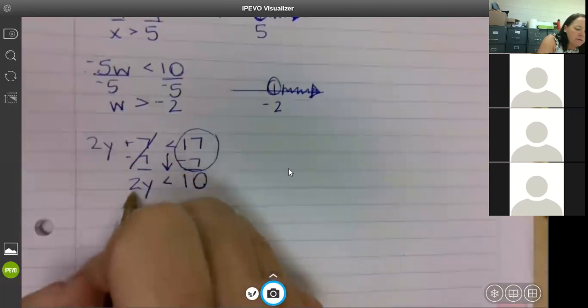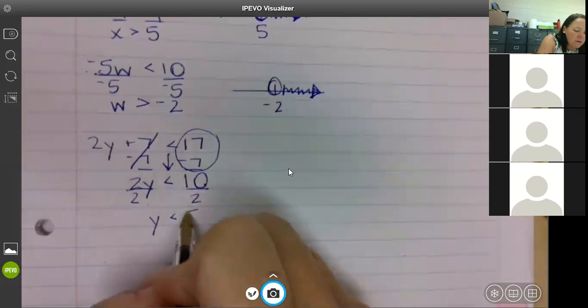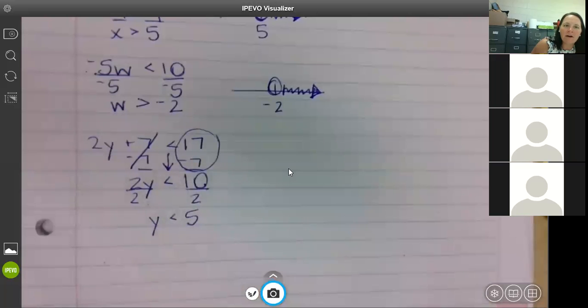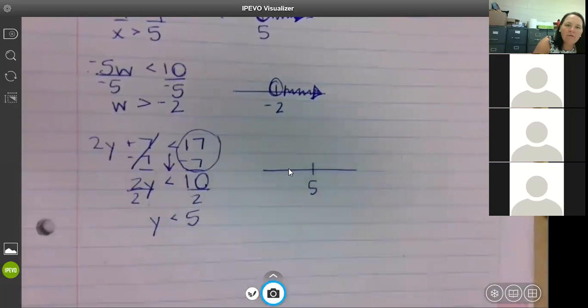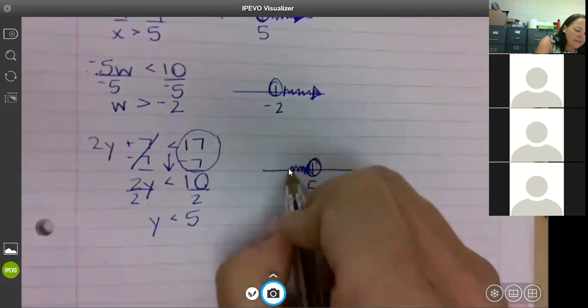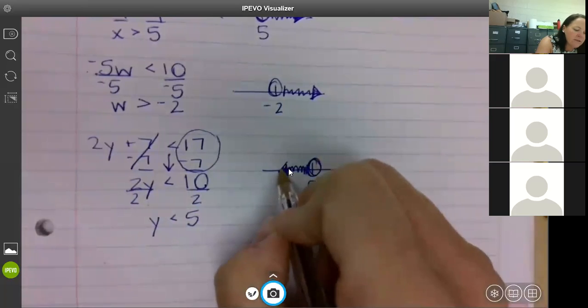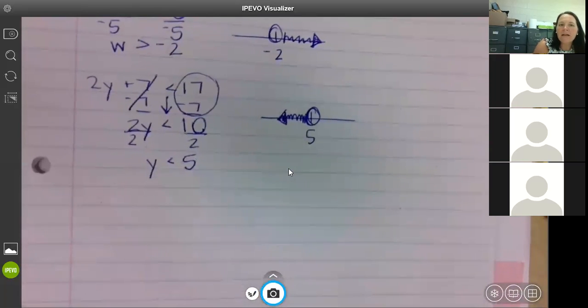Finish it out. We're going to divide by 2, and we get y is less than 5. So when we graph, we have a 5. It's not equal to, so it's an open circle, but this time it's less than, so it points to the left. Any questions on that one? Is everybody okay?